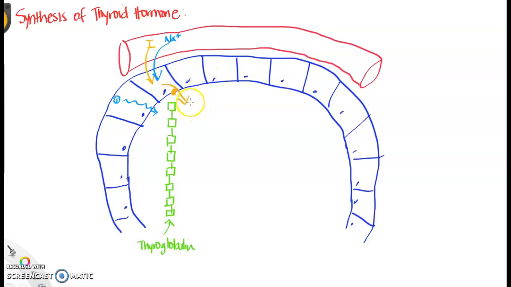Okay. So the iodine then is linked to or attached to the thyroglobulin. So it's attached to it just like this, and it's in ones and in twos.